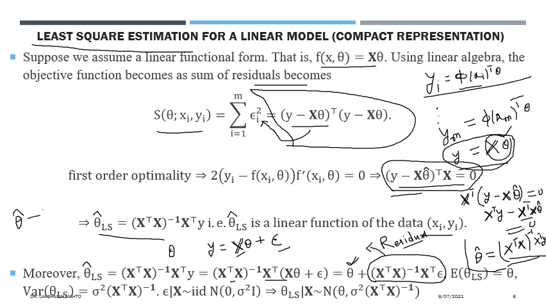The estimation error is just the difference between the estimator theta hat and theta, and that is given by the inverse of x transpose x, times x transpose, times this error. This is your estimation error.